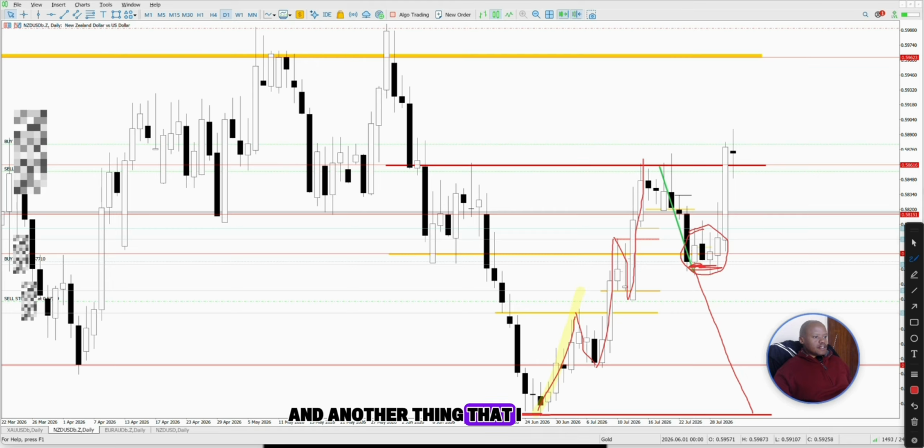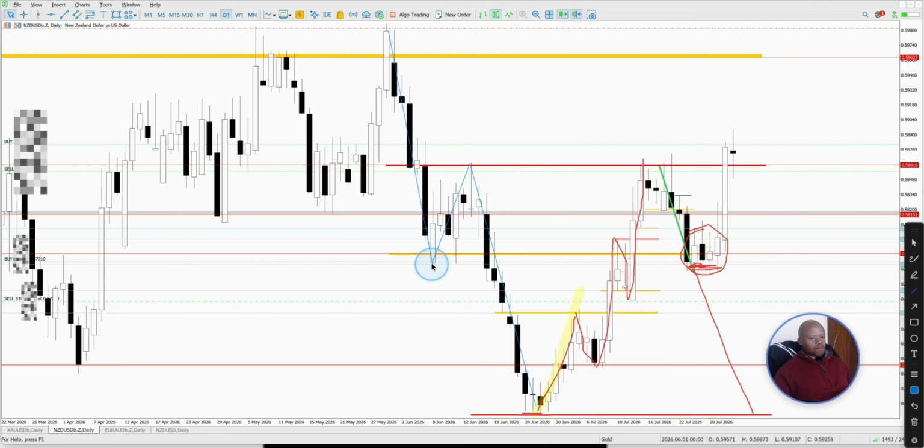And another thing that I wanted to talk about, guys, is this level right here. If you look closely, you'll notice that the market found support here and reversed until 616. And from there, it shot to the downside.